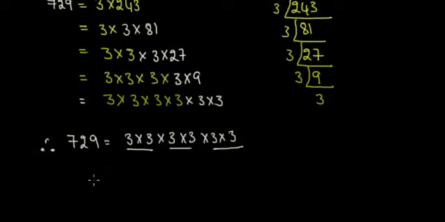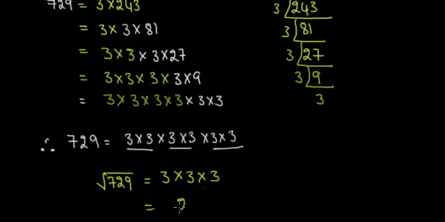Therefore from this pair we take 3, in the second pair we take 3, and in the third pair we take 3, and this gives the square root of 729. Therefore the square root of 729 is equal to 3 times 3 times 3, that is equal to 27. Therefore it is simple to find the square root of any number by the method of prime factorization.